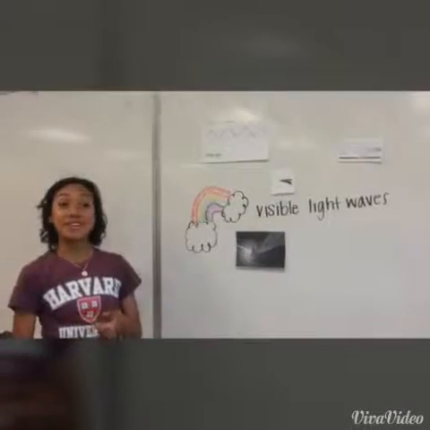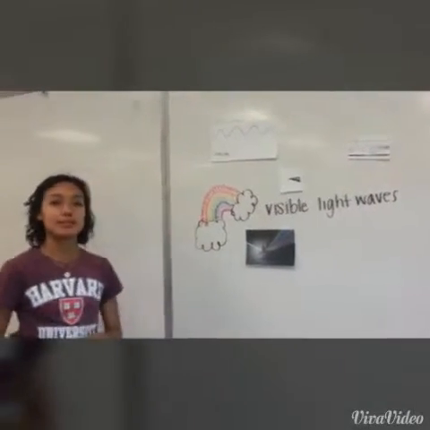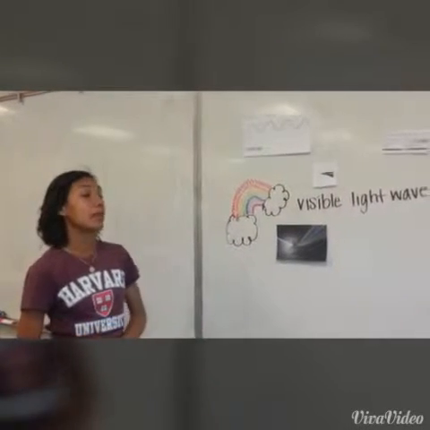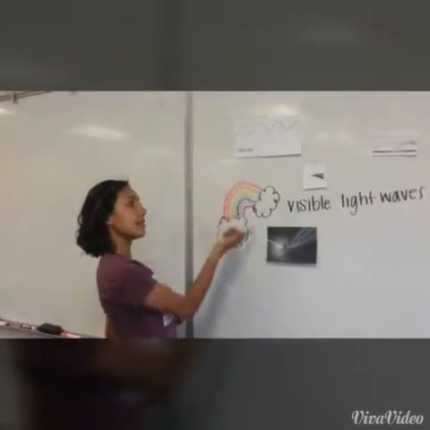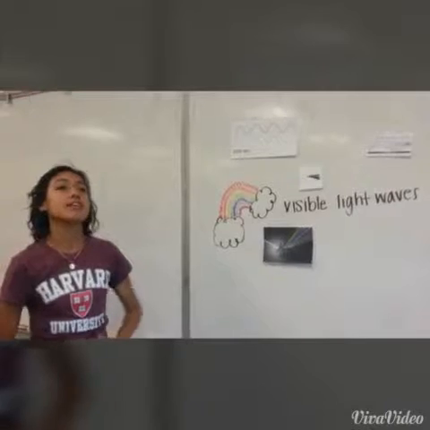After radio waves, microwaves, and infrared waves come the visible light waves. They are actually the only waves in the electromagnetic spectrum that we can see, and they're seen as the colors of the rainbow. Each color has a different wavelength.